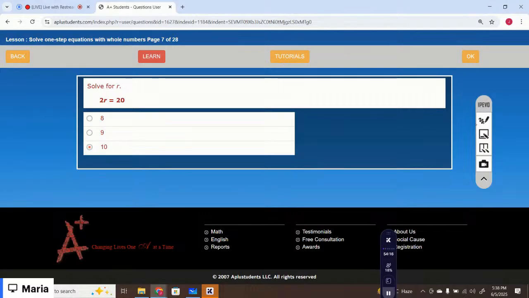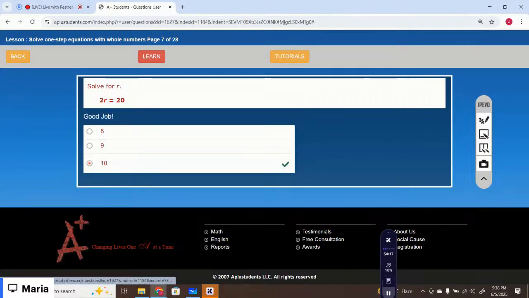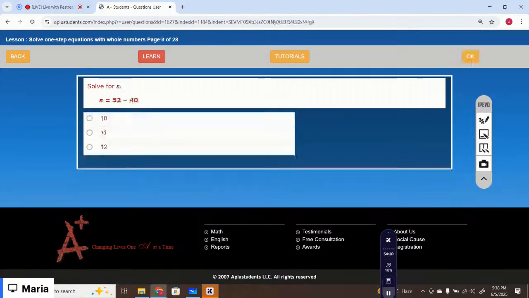That is r equals 10. Option number 3 is the correct option.